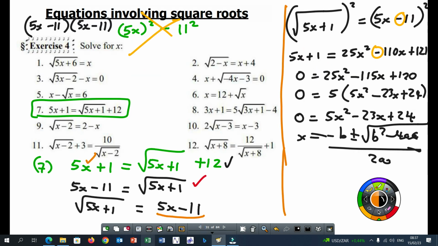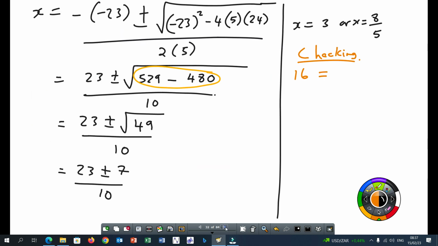Then on the right hand side, if I put 3 there, I'll end up getting square root of 16 plus 12. Fortunately, this will give me 16 as well, which means that's a solution. Do you see that? The square root of 16 is a 4. 4 plus 12. You get 16.